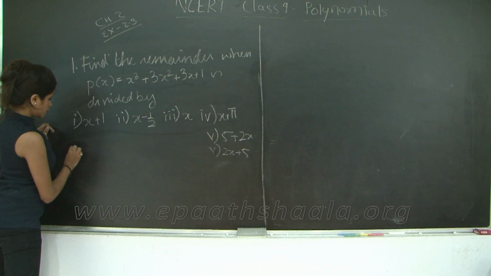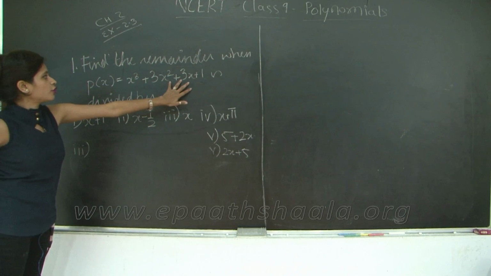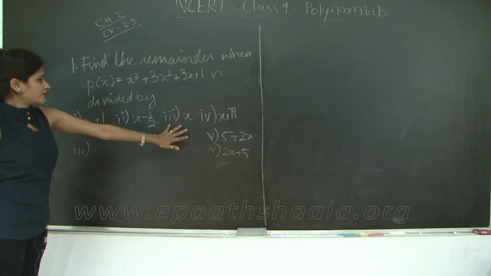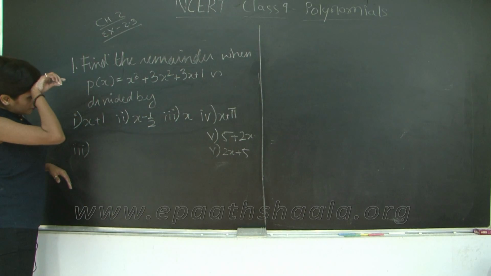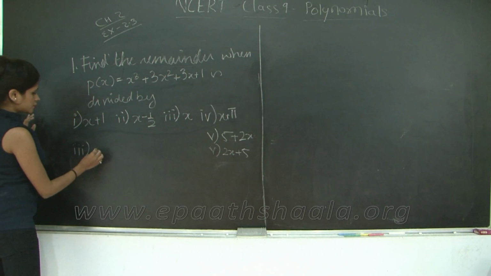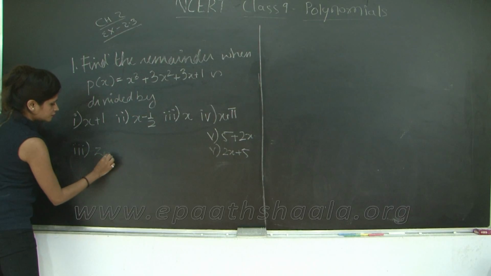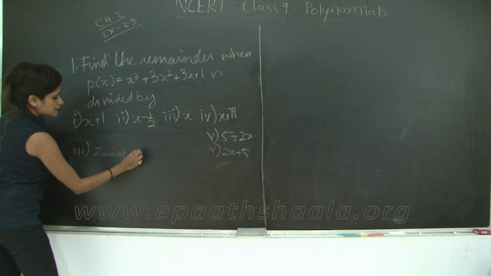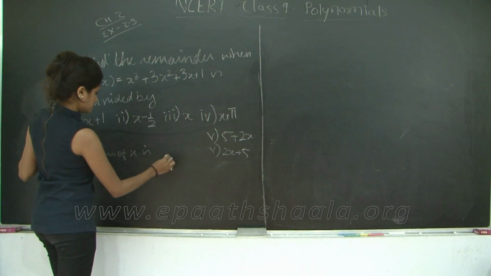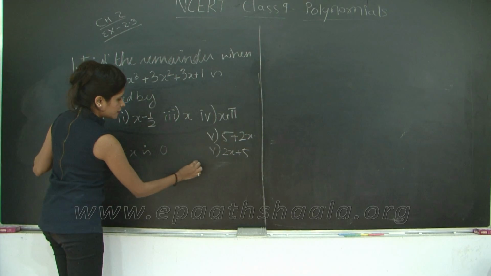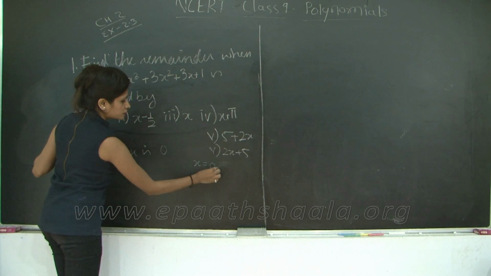So using the remainder theorem, first of all you have your sum, this is your polynomial, and you have to find the remainder using x as the divisor. So P(0) is 0. How? Because x is equal to 0, right?